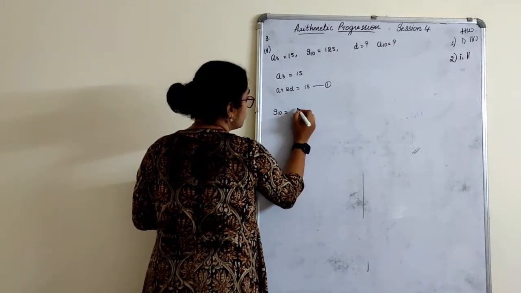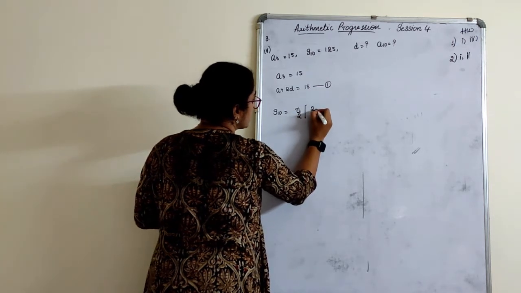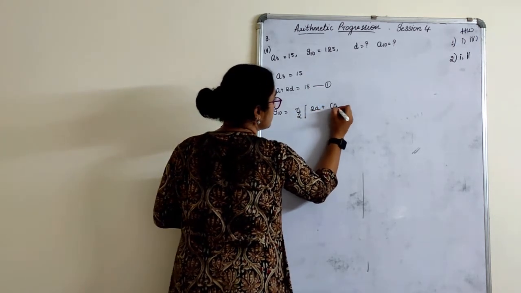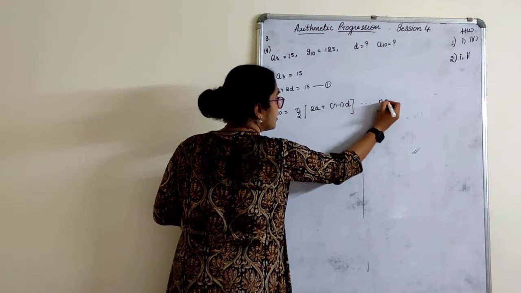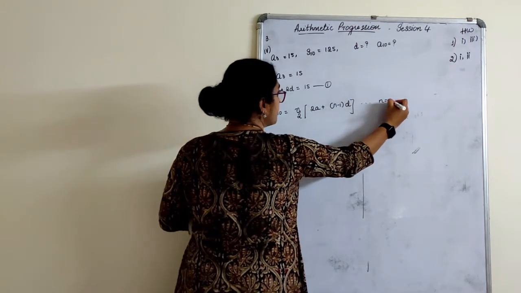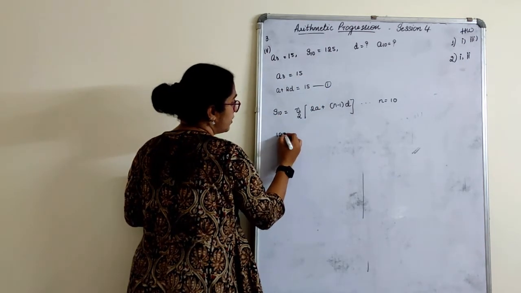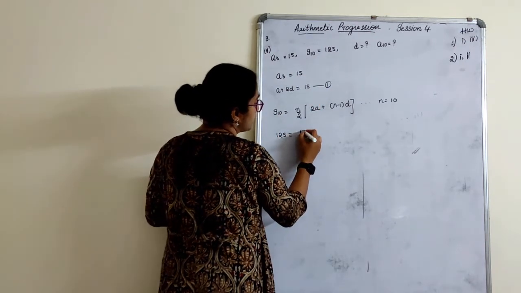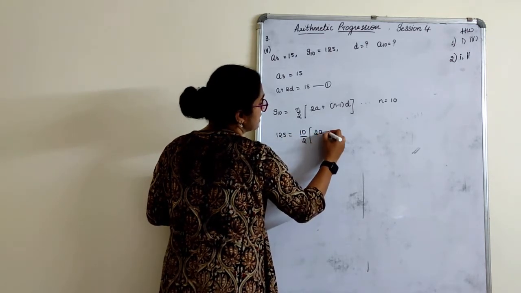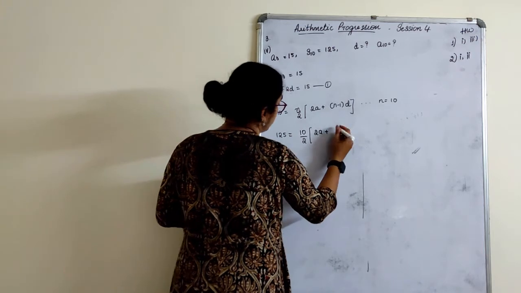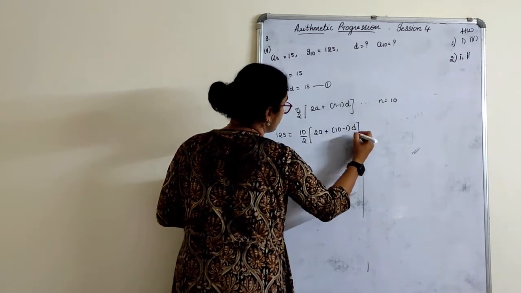S10 is equal to n by 2 of 2a plus n minus 1 of d, where n is 10. S10 value is 125, equal to 10 by 2 of 2a plus 10 minus 1 of d.